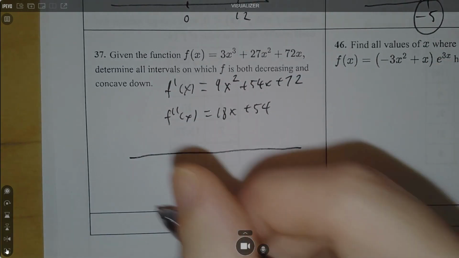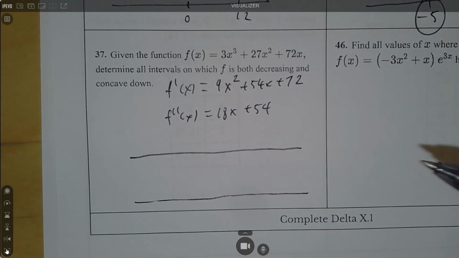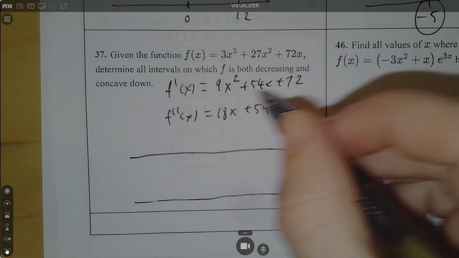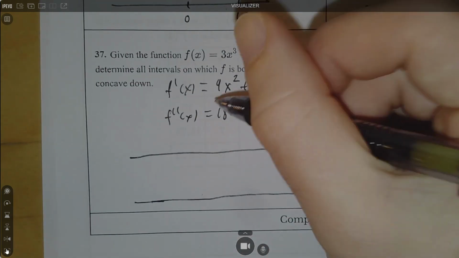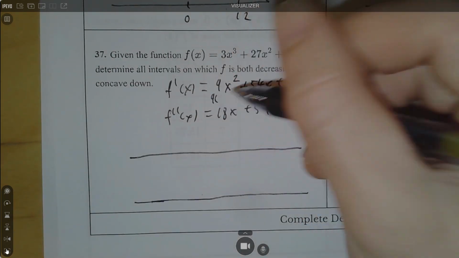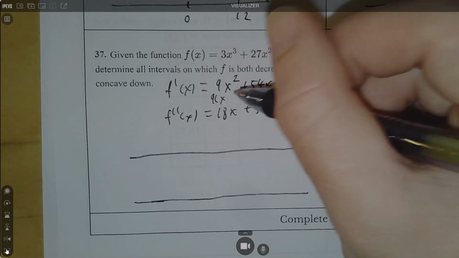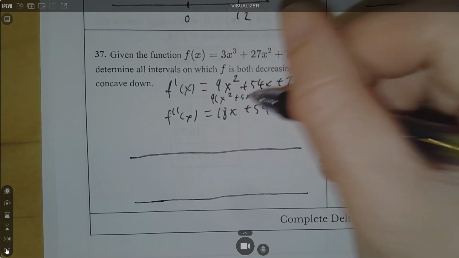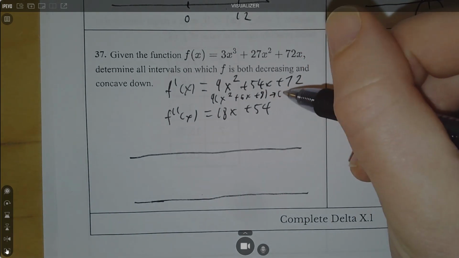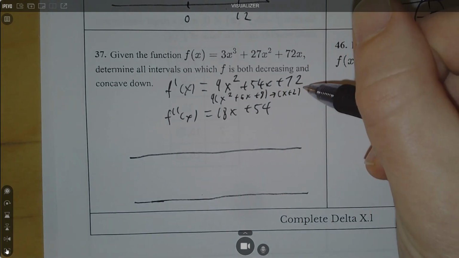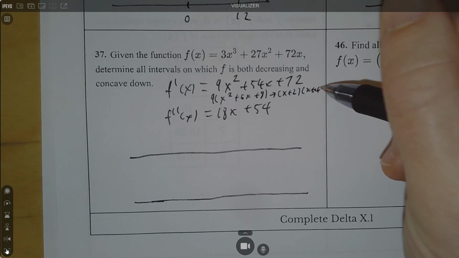Then you do two number lines. I like to do two number lines. You could do it all in one, but I think two makes it a little bit better. You've got to get your solutions. For the top one, we're going to factor out the 9, so it's 9 times x squared plus 6x plus 8. I can see it's going to be x plus 2, x plus 4.